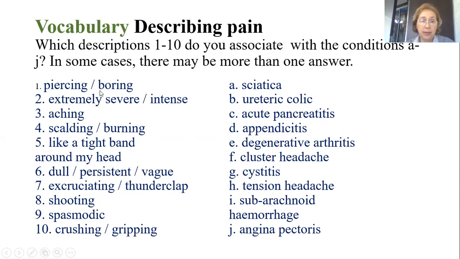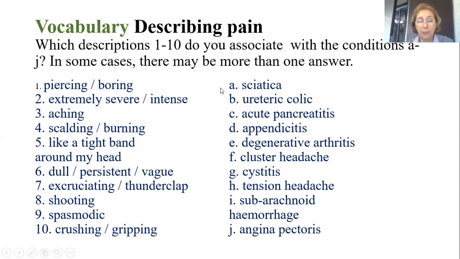This is like piercing, boring, extremely severe, intense, aching, scalding, burning, and so on. And so I guess you know these words, and the conditions are given in the column to the right from A to J.